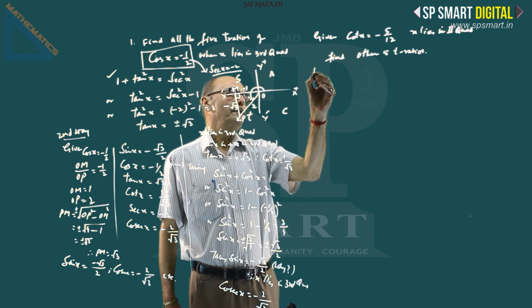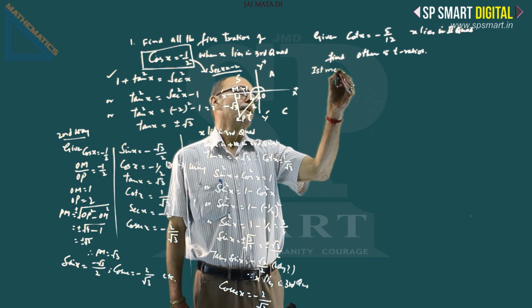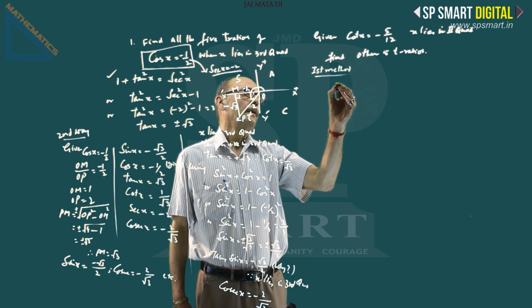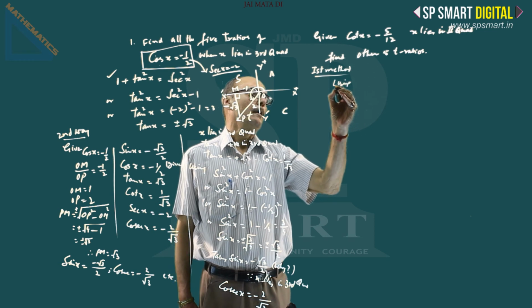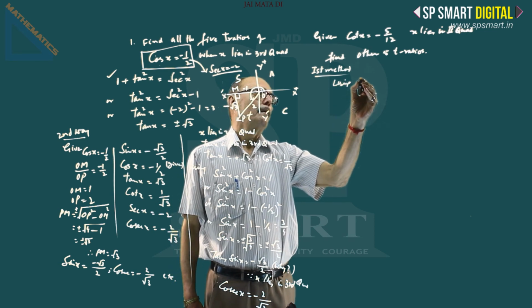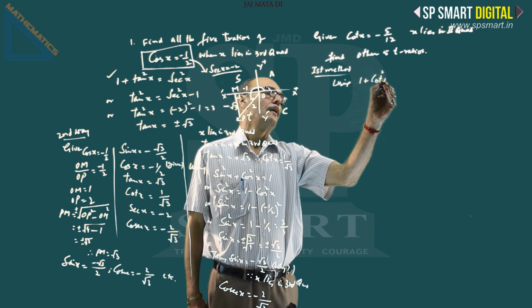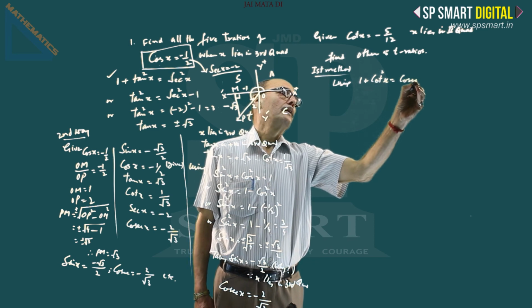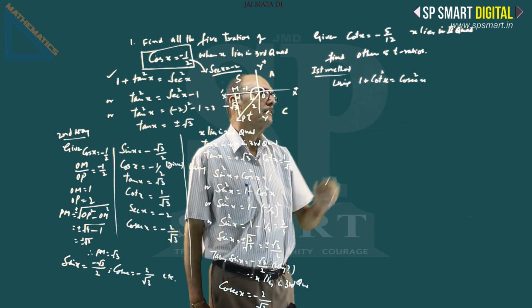So, first method is using the formula: 1 plus cot square A equal to cosec square x. If angle is A, write down A, x is x.